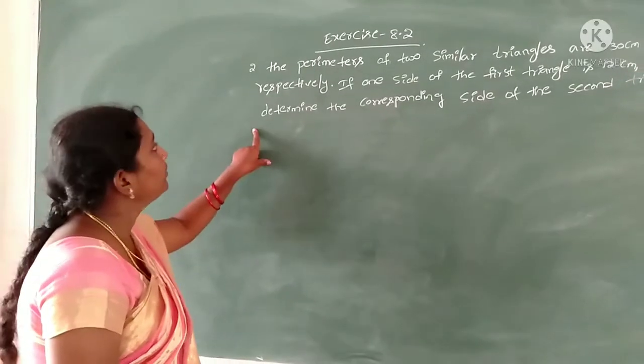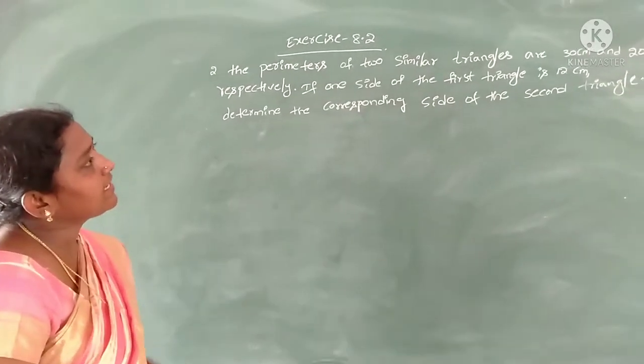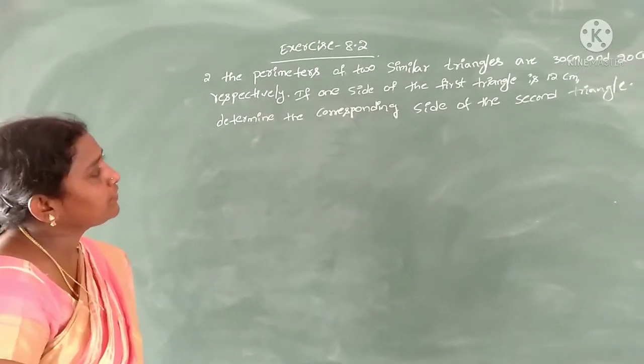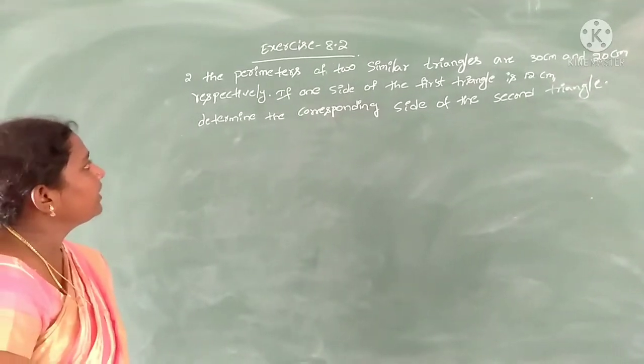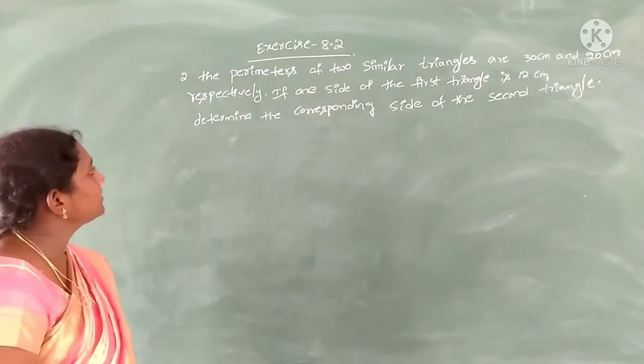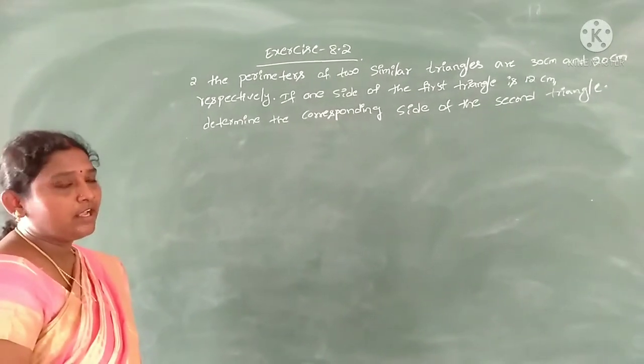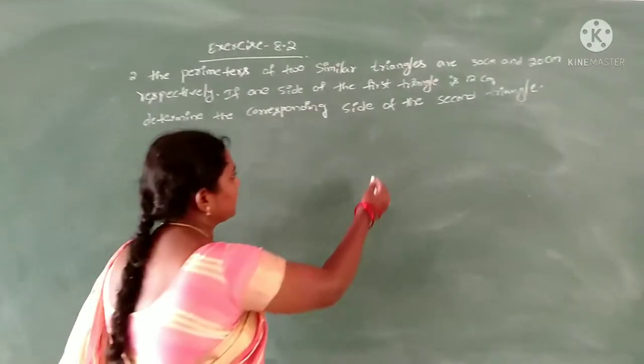Exercise 8.2. The perimeters of two similar triangles are 30 centimeters and 20 centimeters respectively. If one side of the first triangle is 12 centimeters, determine the corresponding side of the second triangle. First we draw the diagrams.